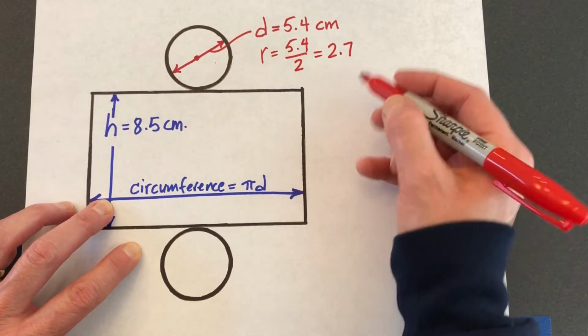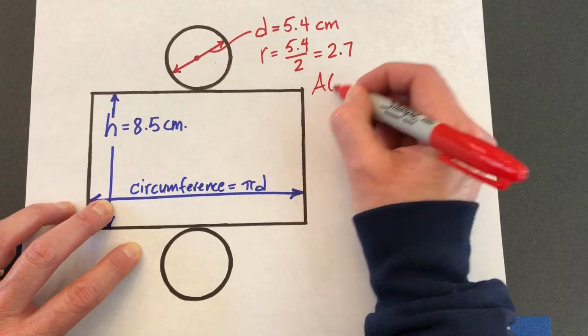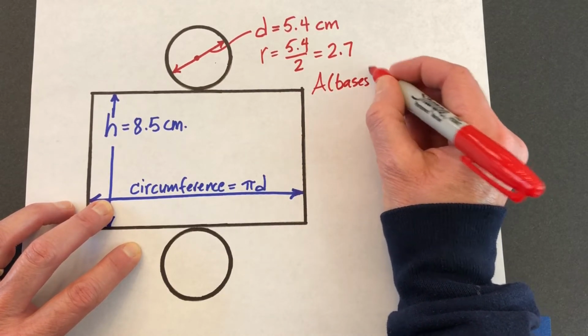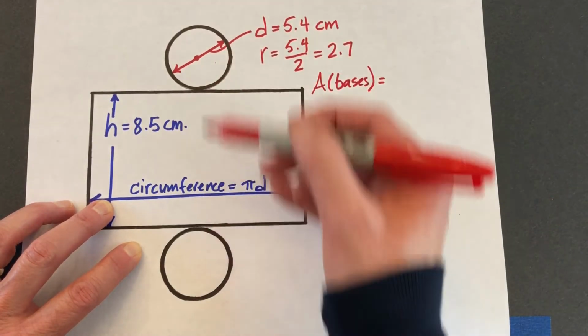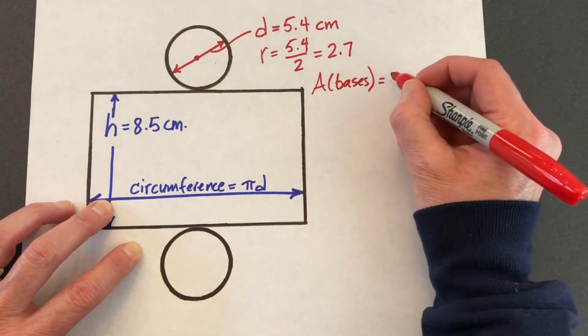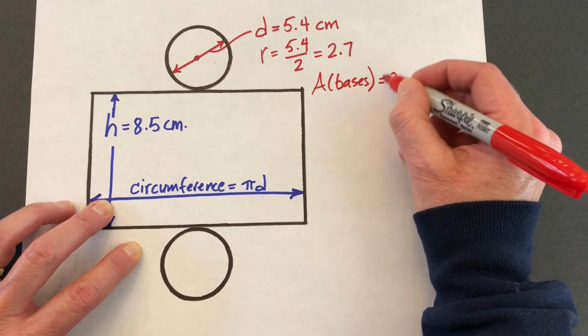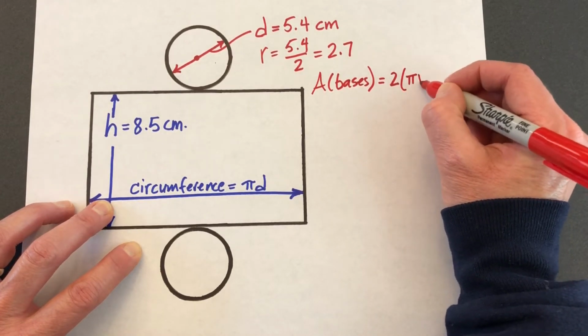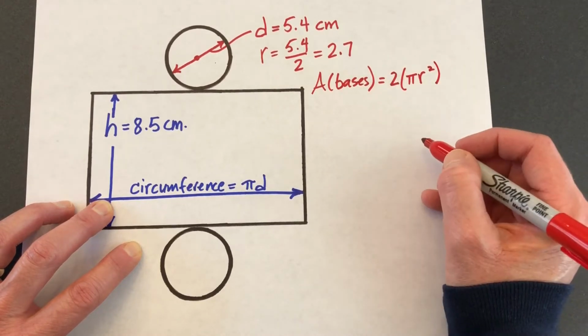And the area then of the bases is just going to be the area of a circle. And actually there's two circles because there's the top and the bottom, so let's take that into account. We've got two circles, and the area of each circle is going to be pi times the radius squared.